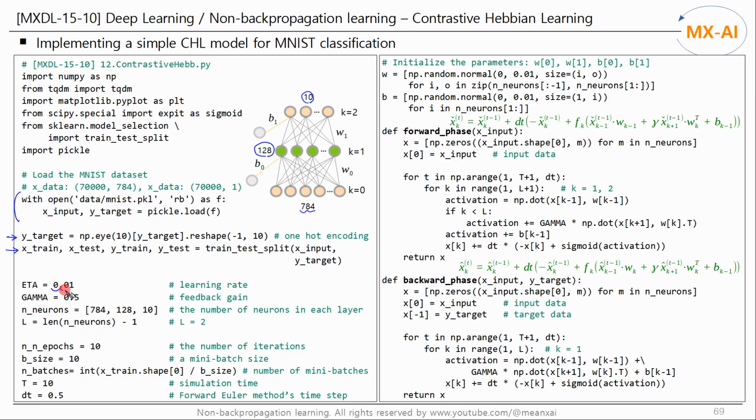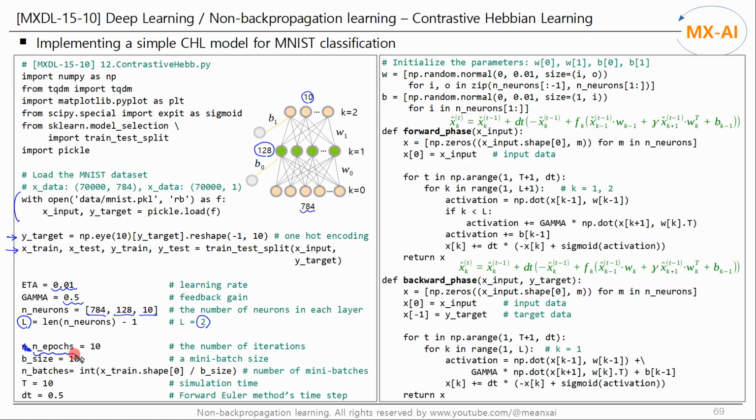The learning rate eta was set to 0.01, and the feedback gain gamma was set to 0.5. The number of neurons in each layer of this network is as follows. L is the last layer number, 2.